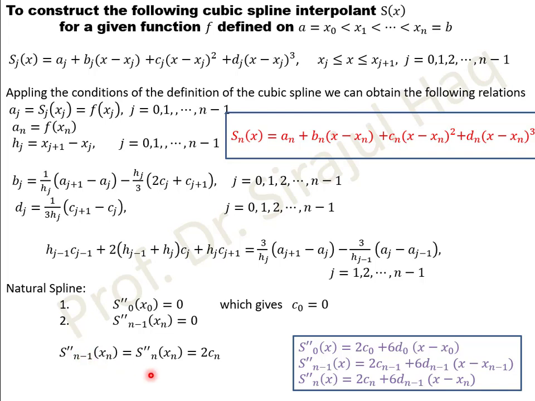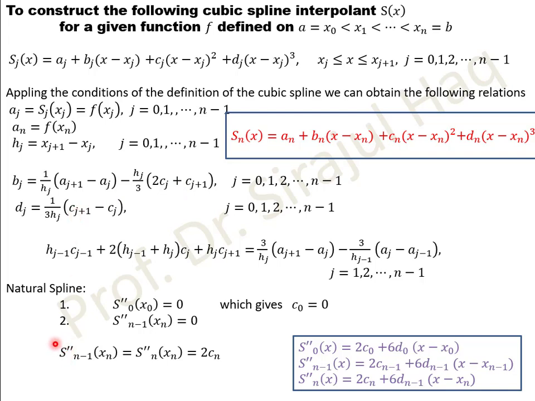But when I replace x by xn in this spline, you can see that this portion becomes 0 and you are left with 2cn only, which appears here. Now when I ignore this portion, 2cn can be expressed in this form also. So in terms of Sn minus 1, I can find the value of cn, which is the value required here and there.